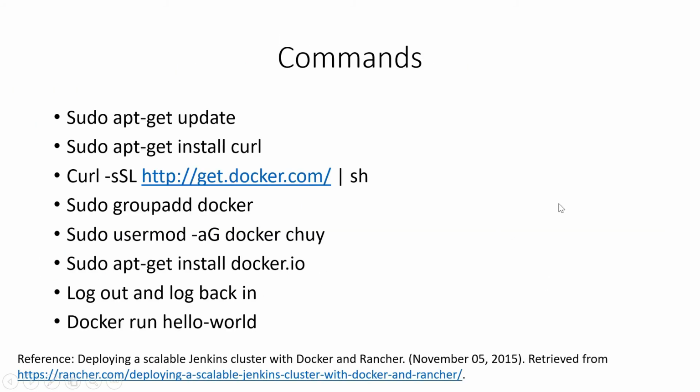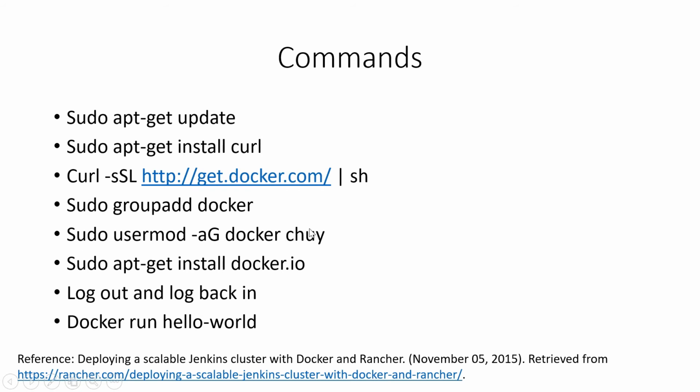Now we need a lot of commands during this process. First of all, you have to update all your applications, and then install the kernel if you don't have it, and then we use it to get Docker, put Docker into the group, and add the user name.